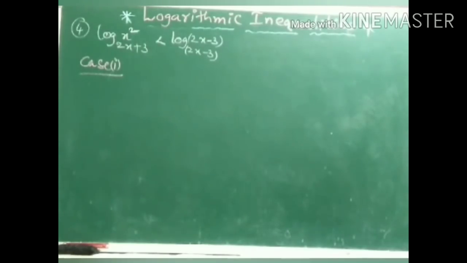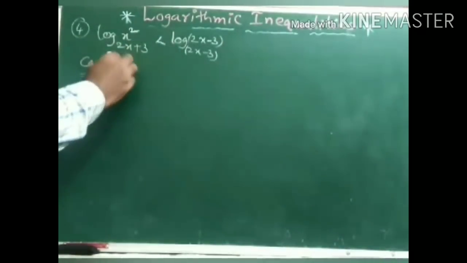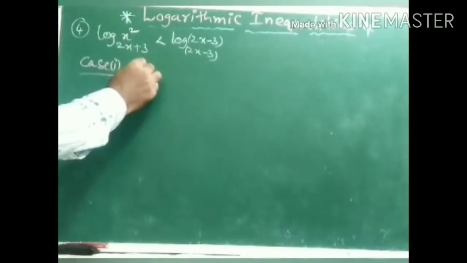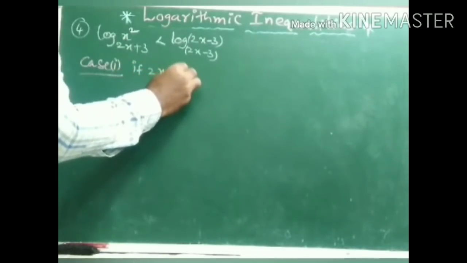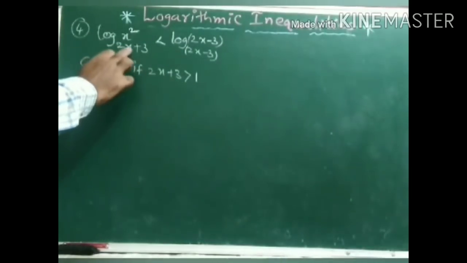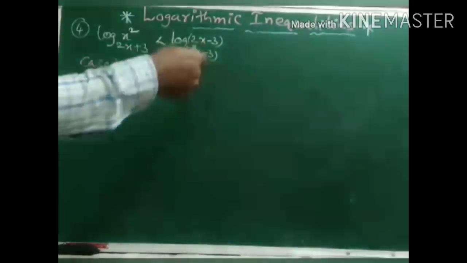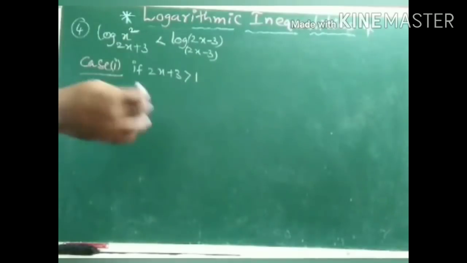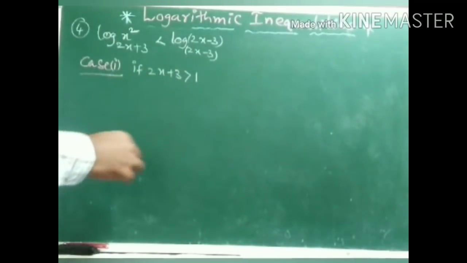Okay, so hence we need to study both the cases. Case 1, especially as I told you regarding the base: if 2x plus 3 is greater than 1. We need to study whether a is greater than 1, and the second case is whether a lies between 0 to 1. These are the two conditions we need to study.